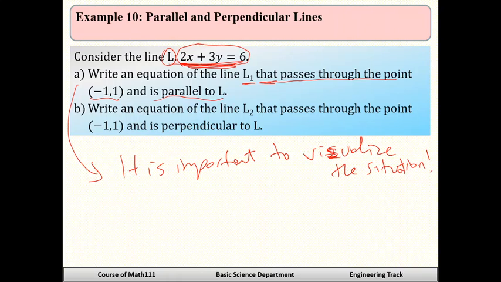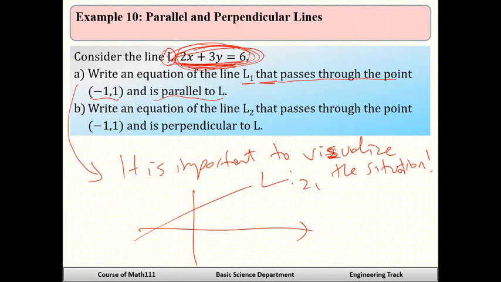So there's a line for sure, there's L. We can use some details about L, but I don't want to do it. So just this is L. Let's say it has 2x plus 3y equal to 6, and we write an equation of the line L1. L1 passes through the point -1, 1. -1 is here, and this 1 is here, maybe.